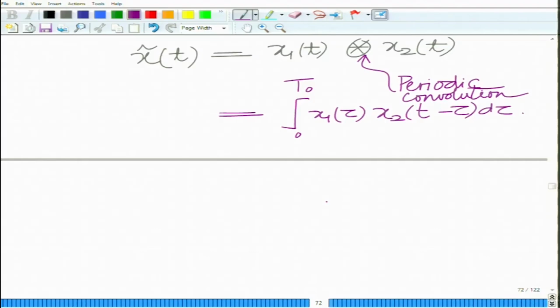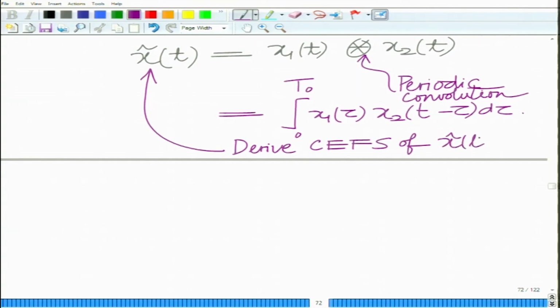Now let us derive a property of this periodic convolution. What we want to do is derive the CEFS of x tilde t, given the CEFS of x1 t and x2 t.